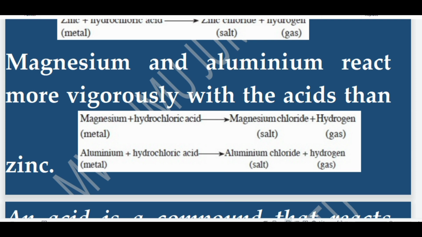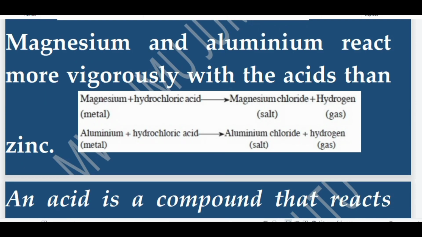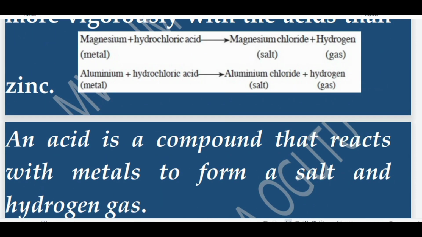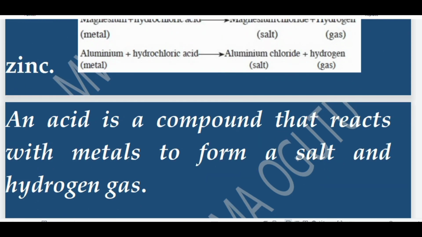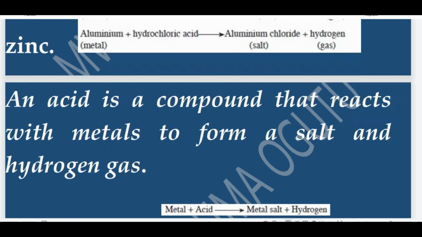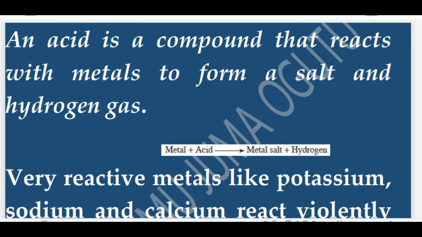Aluminium reacting with hydrochloric acid gives aluminium chloride and hydrogen gas. An acid can be defined as a compound that reacts with metal to form a salt and hydrogen gas as the only product.